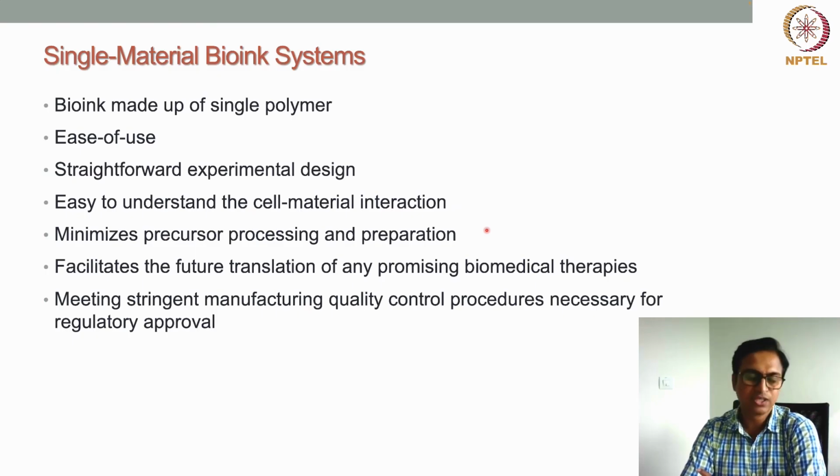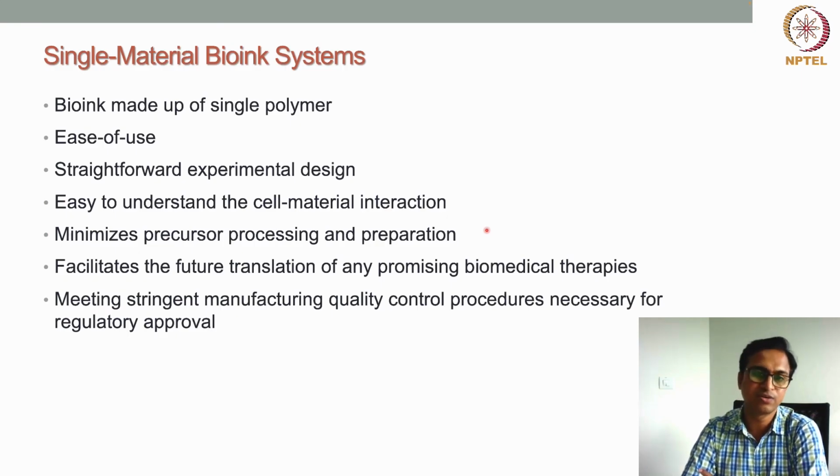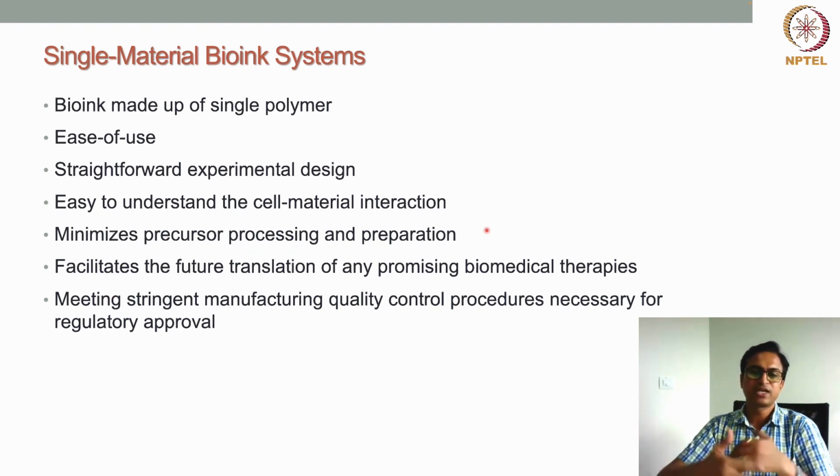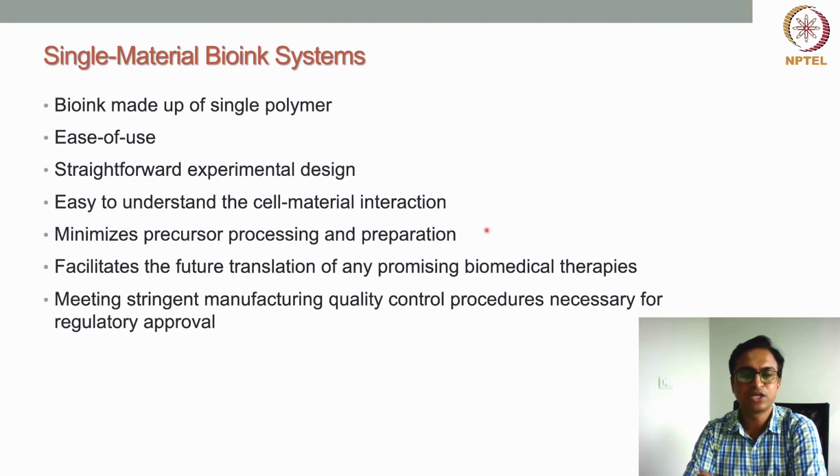That stringent requirement can be easily met with a single material bioink system, because it is very easy to take care of a single material compared to multimaterial. With multimaterial systems, there are various possible combinations, and each of these combinations has its own properties and challenges. With a single material that is not the case.